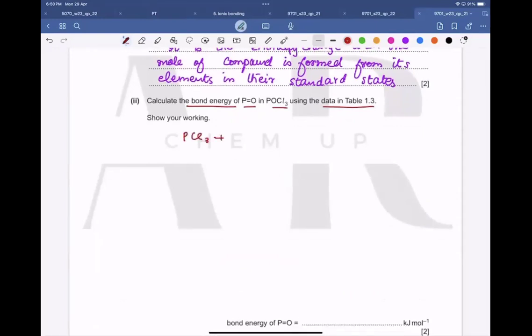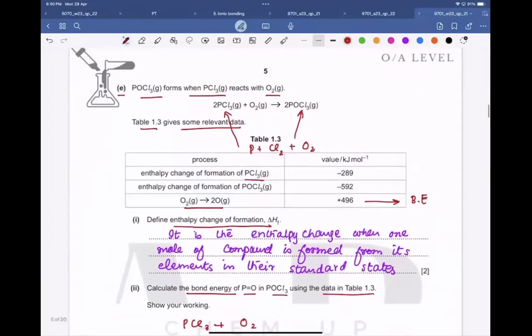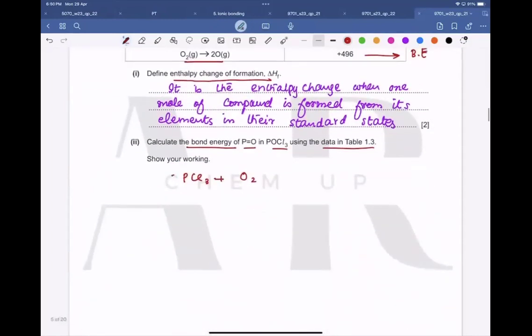PCl3 reacts with oxygen, and they have used 2 moles of PCl3, right? So we got 2 moles of POCl3.